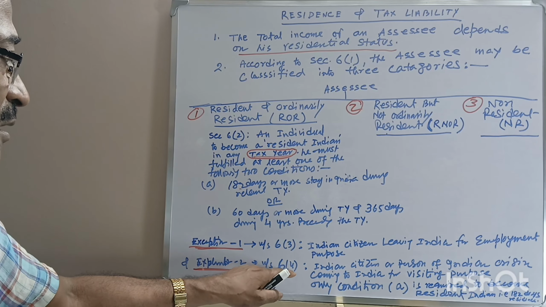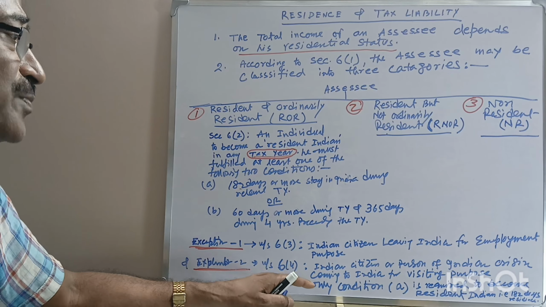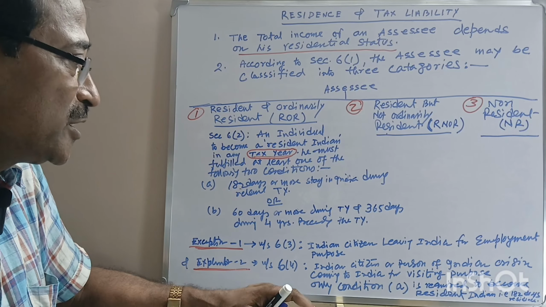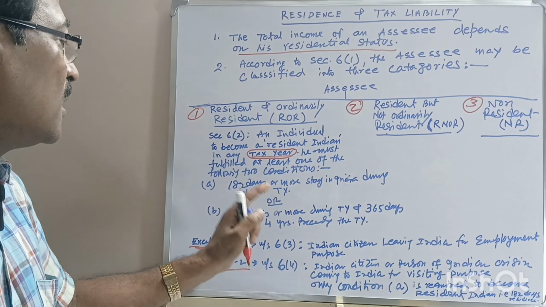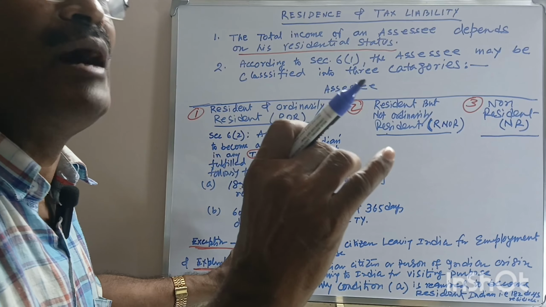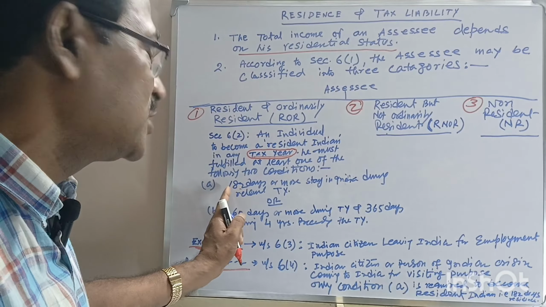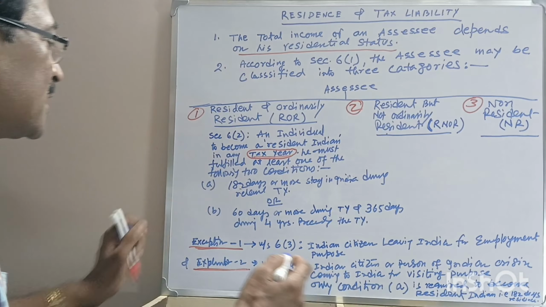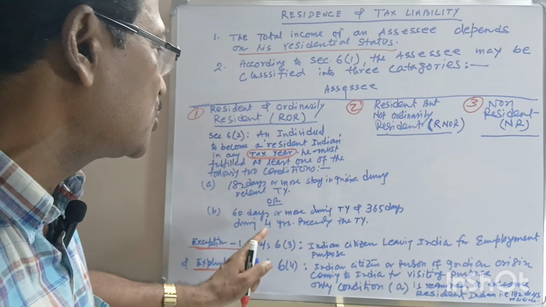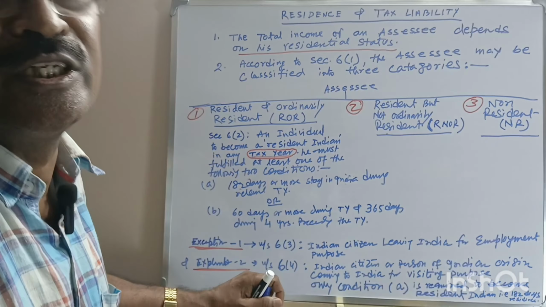Exception 2 under section 6(4): an Indian citizen or a person of Indian origin coming to India for visiting purpose, in that case also the 182 days condition must be fulfilled to become a resident person in India. In that case condition B, that is 60 days or more during the tax year and 365 days during the 4 preceding tax years, is not required.